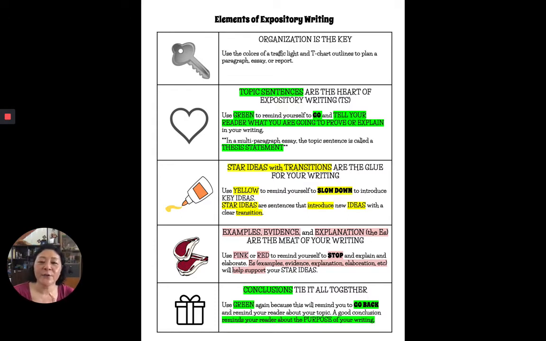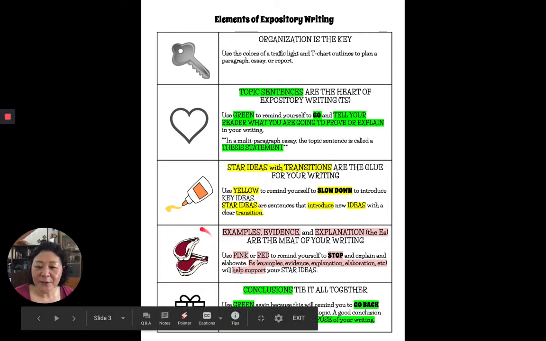Now I know some adults think yellow means speed up and go through the light. But the original intent of a yellow light is, hey, slow down, get ready to stop. Okay? So your yellows are going to be your star ideas, and they will include transitions. So just know that yellow is the second color.